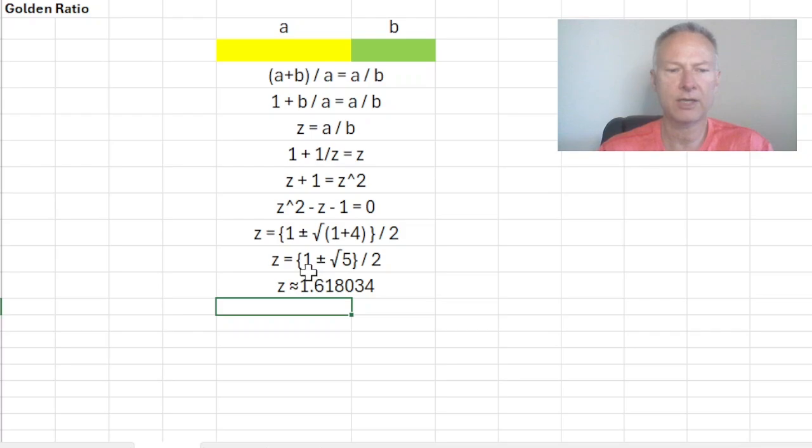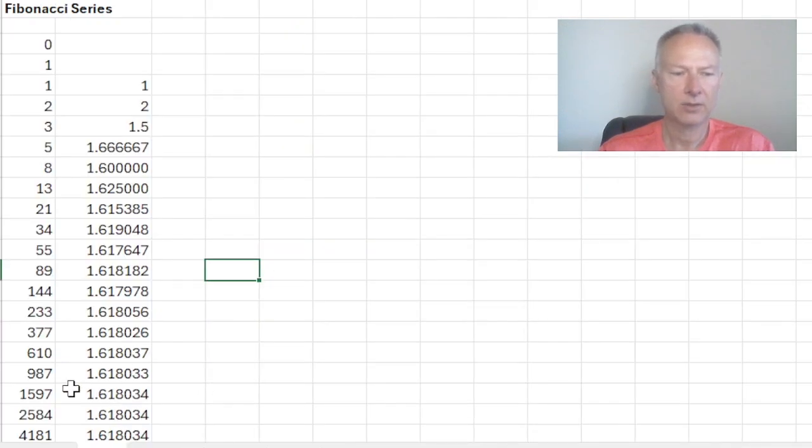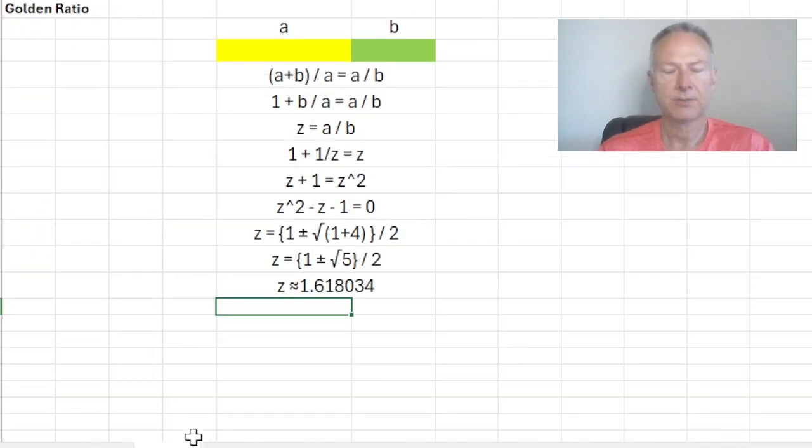So if we just look at 1 plus the square root of 5, all divided by 2, that happens to be 1.618034, which is exactly what the Fibonacci series converges to in terms of the ratio of a particular element of the series divided by the immediately prior one. So it's interesting that the Fibonacci series is related to the golden ratio.